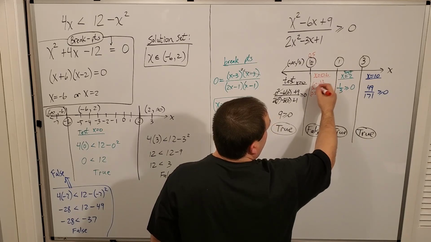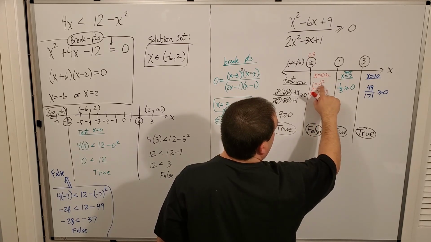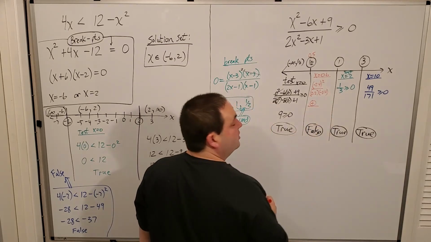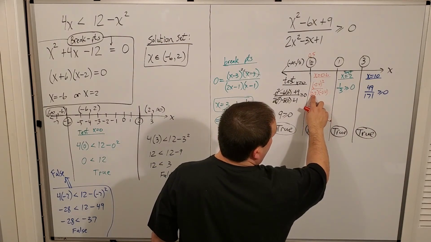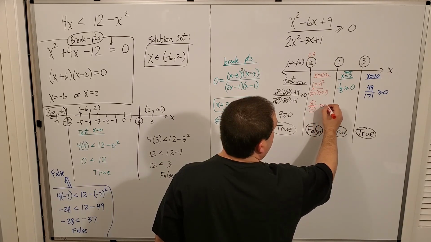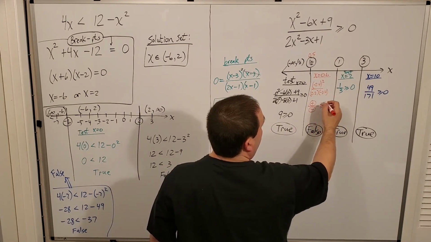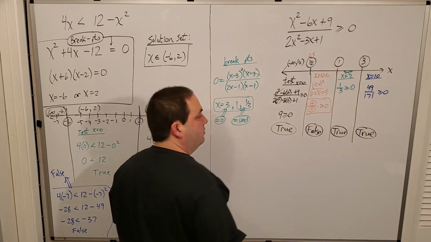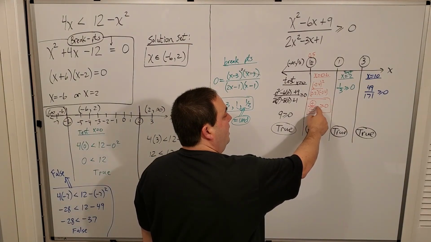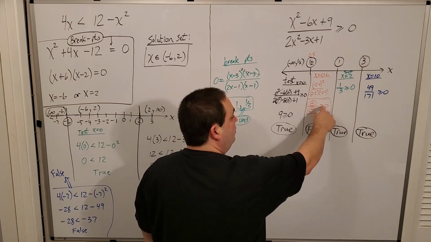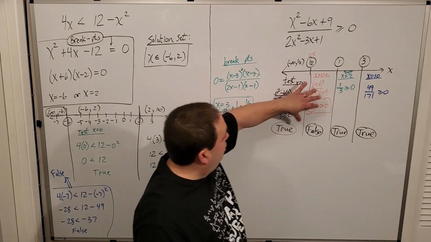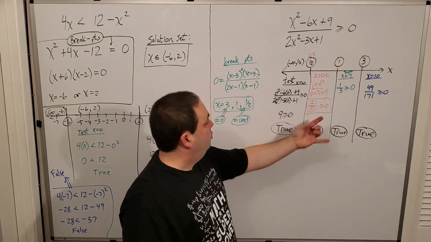I'm not even going to bother doing the multiplications because I can see the numerator is going to be positive because of the squared. The denominator is a positive times a negative, which is negative. And they're trying to claim that this is greater than or equal to 0. Okay? This is 100% false because you're going to get a division that ends up being negative, which is not greater than 0, which is absolutely false. Okay, so you can go through testing each one, or you can do the pattern.